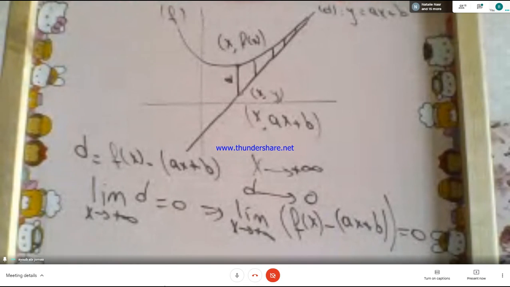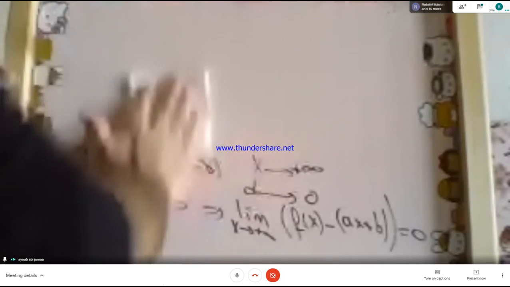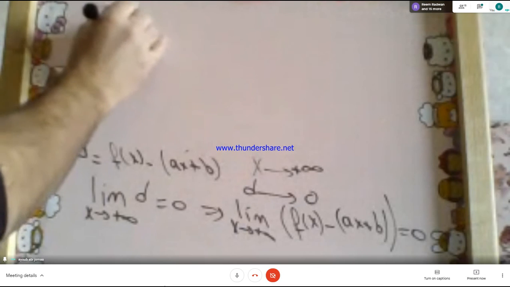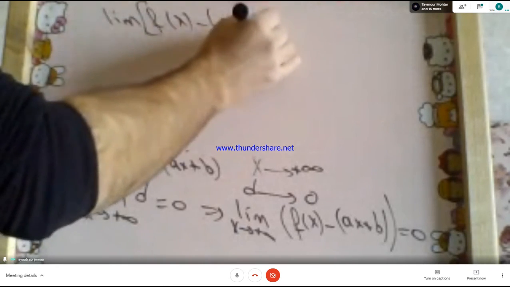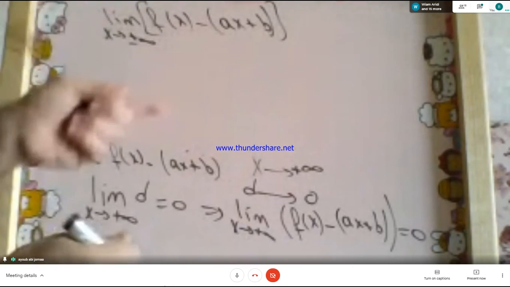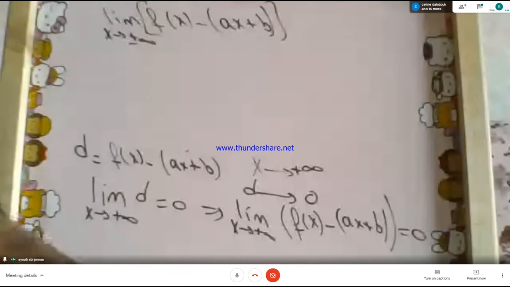So to write it, it's also written in the summary that you already have. Limit of f of x minus (ax plus b) as x approaches positive infinity or negative infinity, it depends on the function again. And sometimes at positive infinity you have oblique asymptote, at negative infinity you don't.